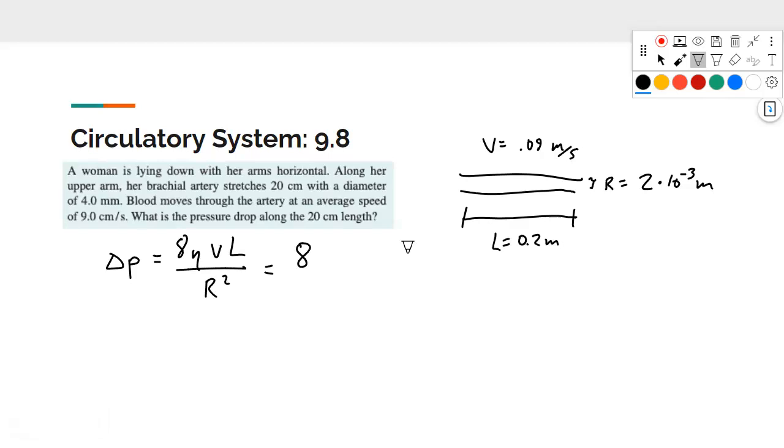So eta in an exam, you would be given it. But if it's a homework problem, then you'll have to look in the tables within the text of the electronic book that's included with the homework. So for blood at a normal body temperature, it's about 3.5 times 10 to the minus 3, and that's units of pressure times time.